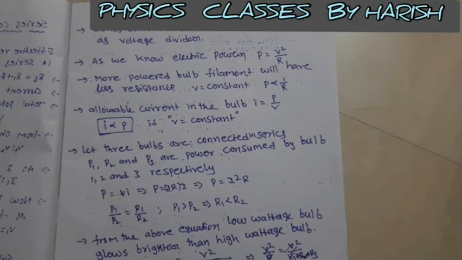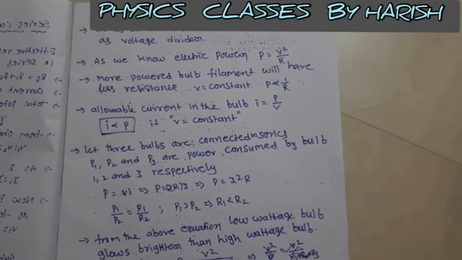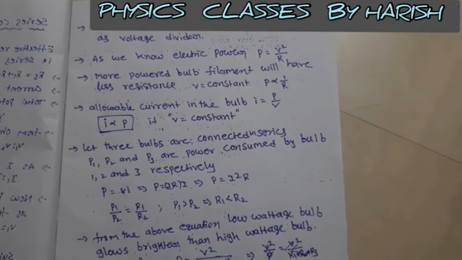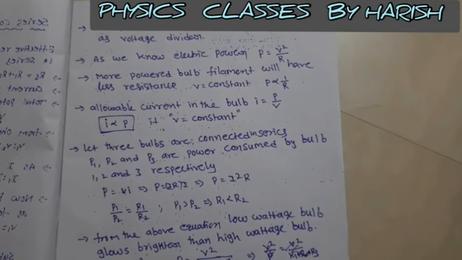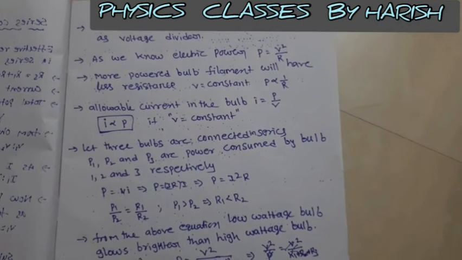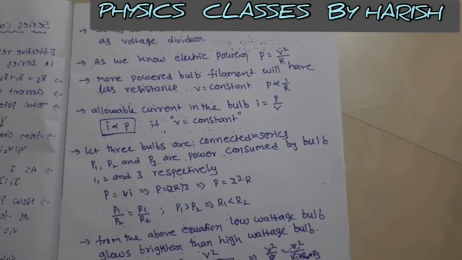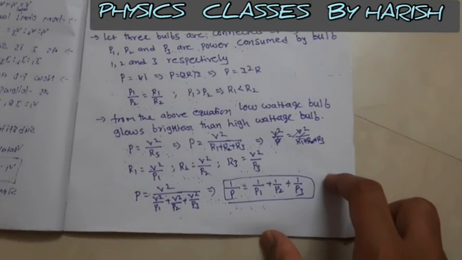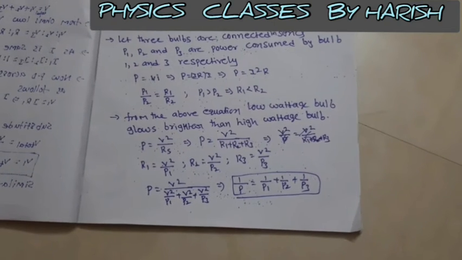Why? Because when we connect equipment in series, the current remains the same. As we have discussed, a bulb with more power rating will offer less resistance. If P1 is greater than P2, then R1 is less than R2.